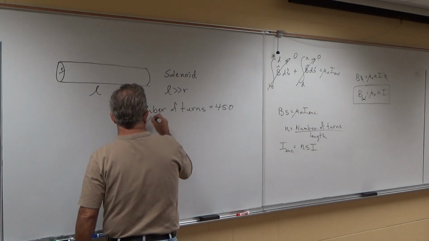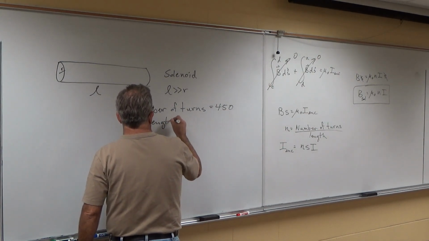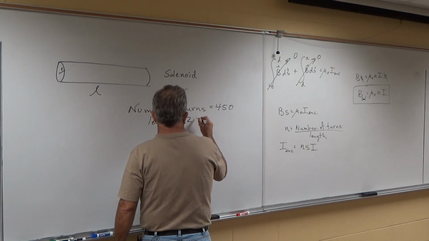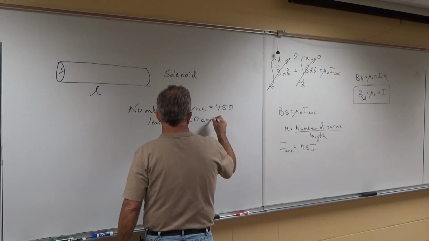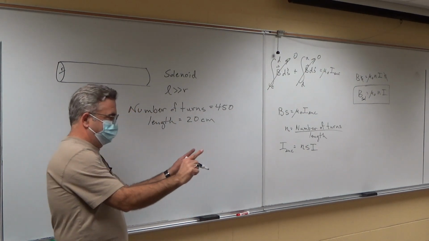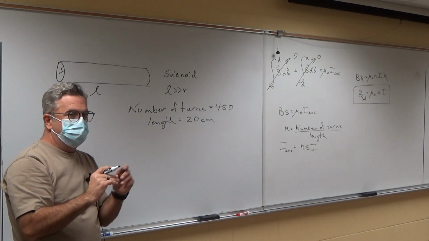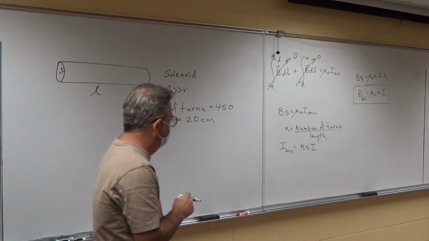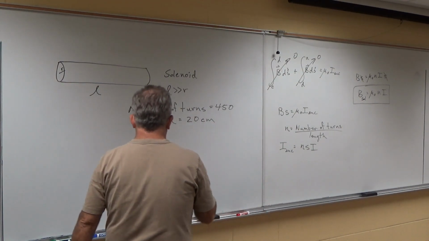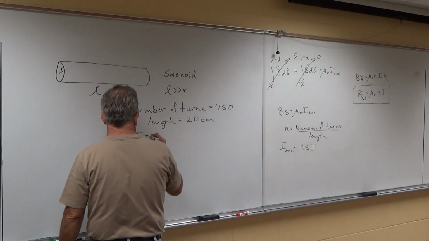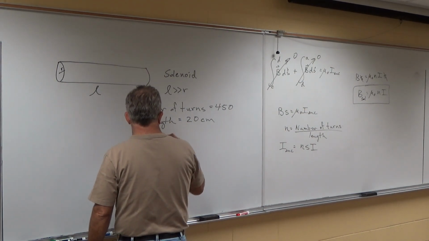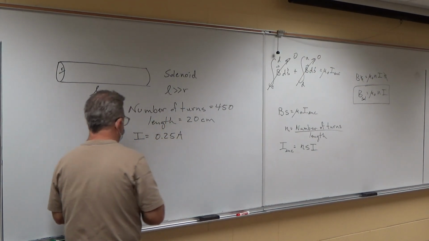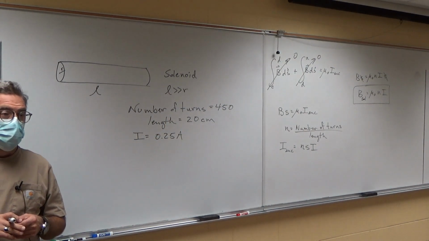Length is equal to, let's say 20 centimeters. That's long. Lots of turns. No, that's good enough. Current, it's a really fine wire. I'll let the current equal 0.25 amps, 250 milliamps. So a fourth of an amp.